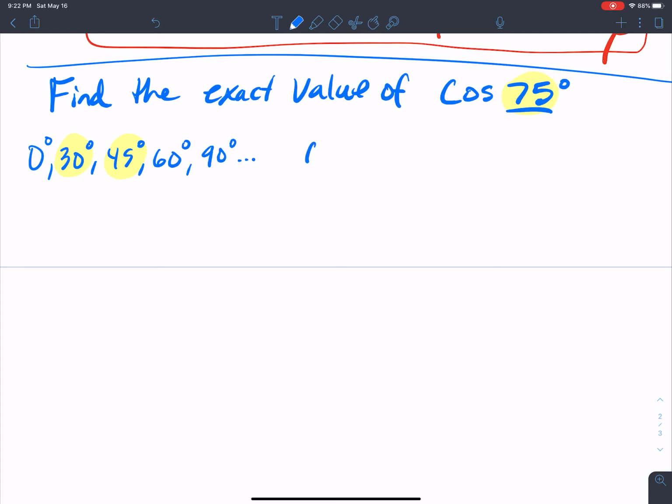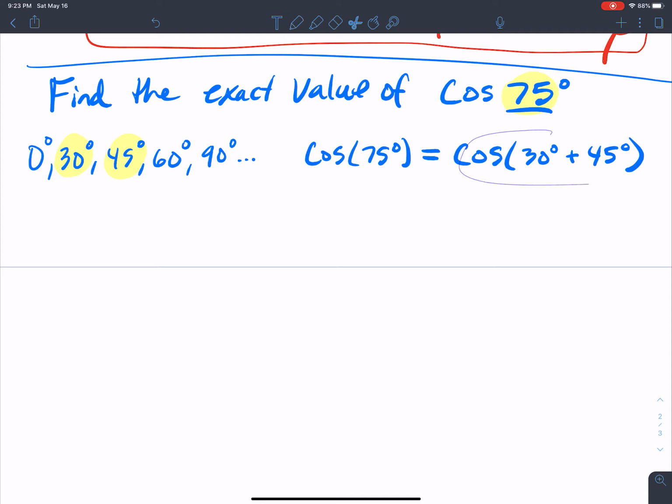So I'm going to do cosine of 75 degrees as the cosine of 30 degrees plus 45 degrees. Okay? So the sum identity, what does that tell me?